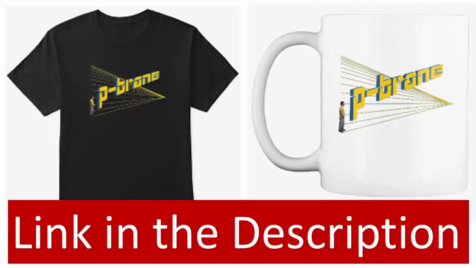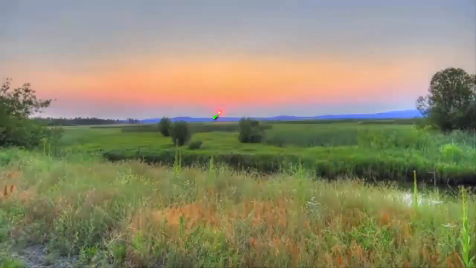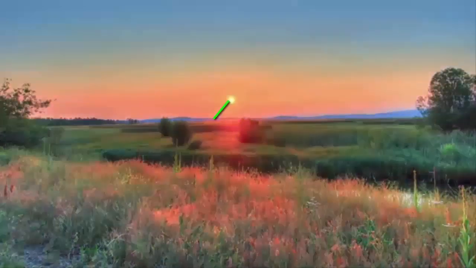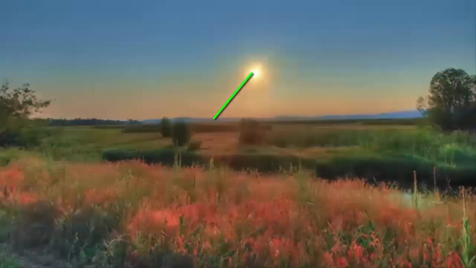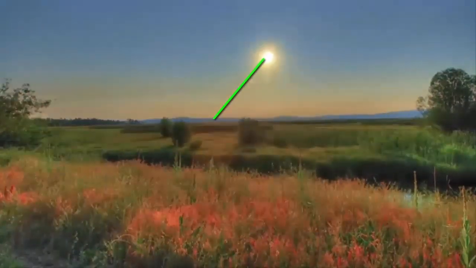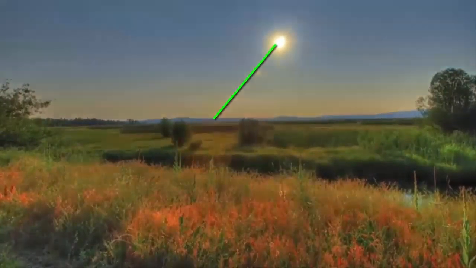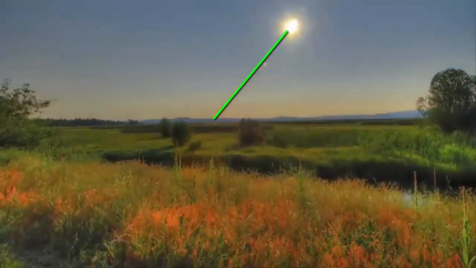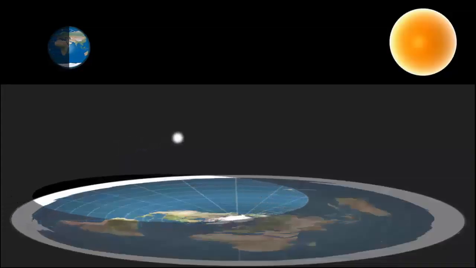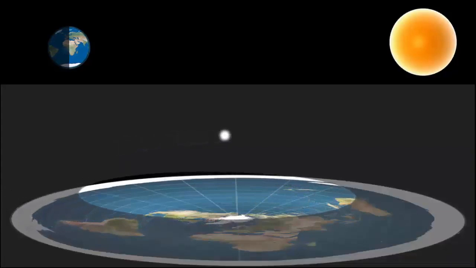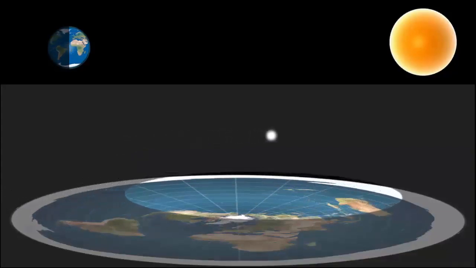Okay, so in part one, I showed that the straight path of the sun moving over the Earth proves a flat Earth. Because in both models, flat Earth and the heliocentric ball Earth model, the sun remains parallel to the ground.